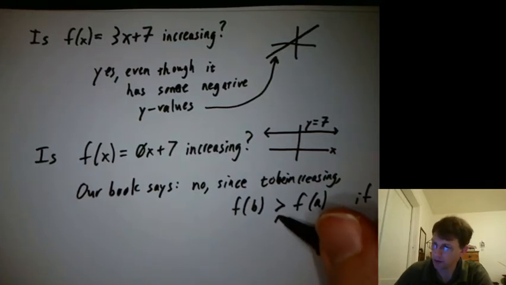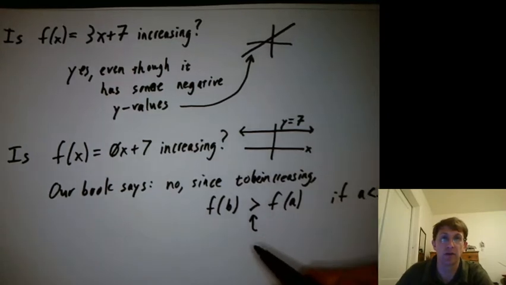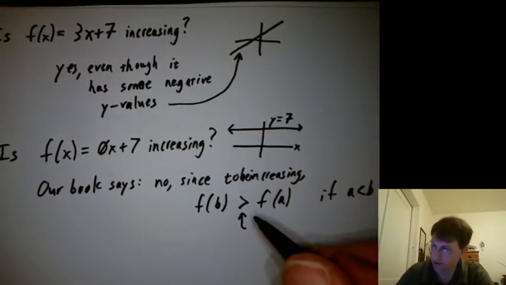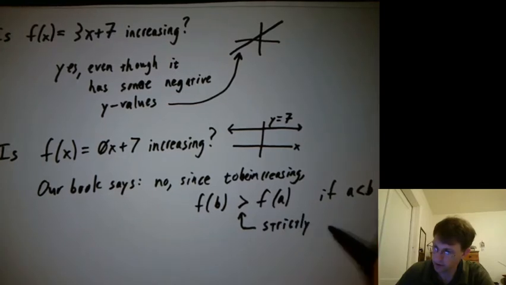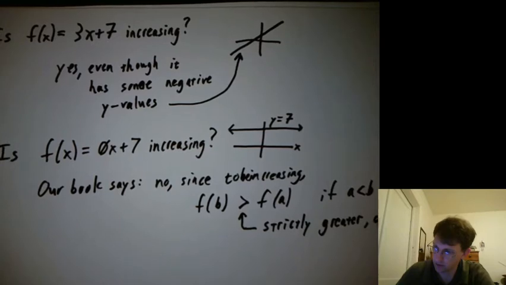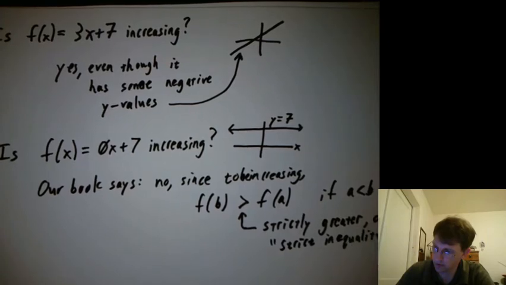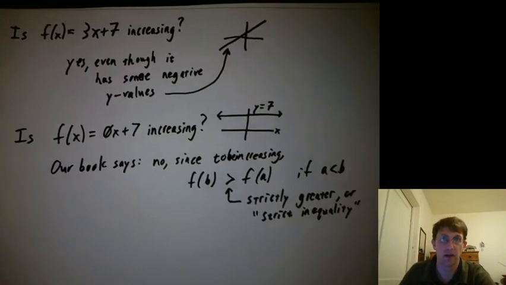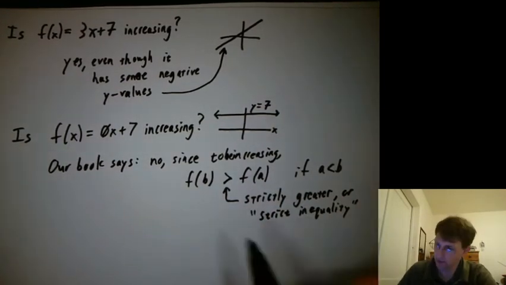Without the equality here, without saying bigger than or equal to, we call that a strict inequality, or strictly greater than. So this function is not increasing.